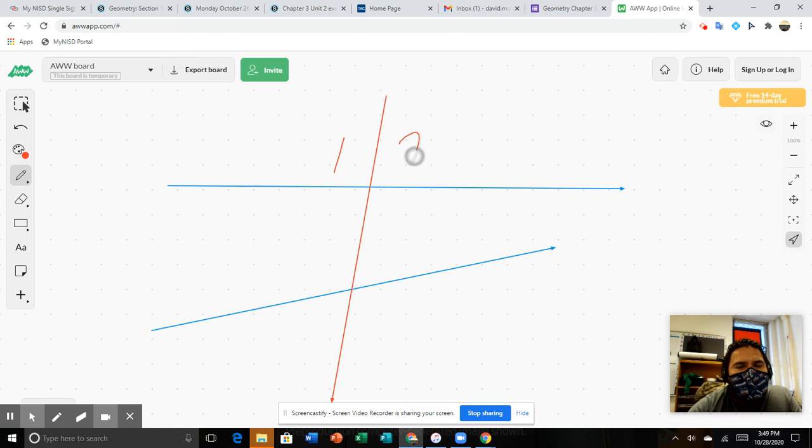So again, 1, 2, 3, 4, 5, 6, 7, 8. We focus on 3, 4, 5, and 6. Those are interior angles, but now we're thinking about the same side.